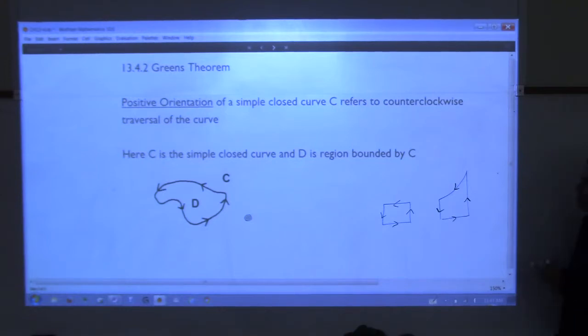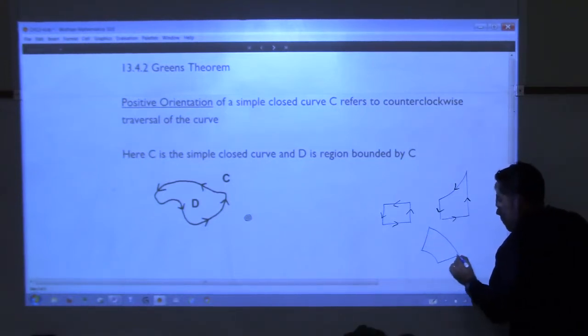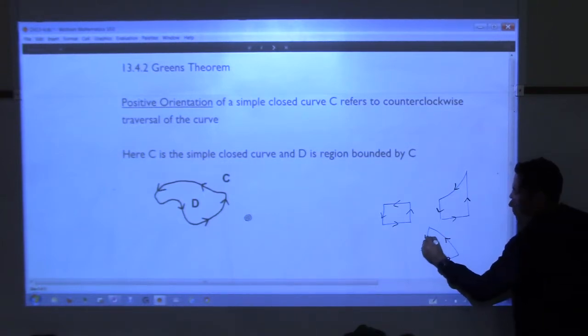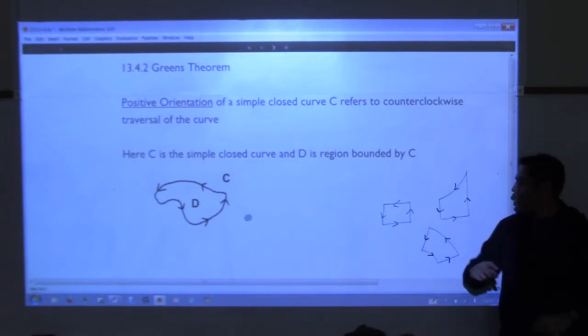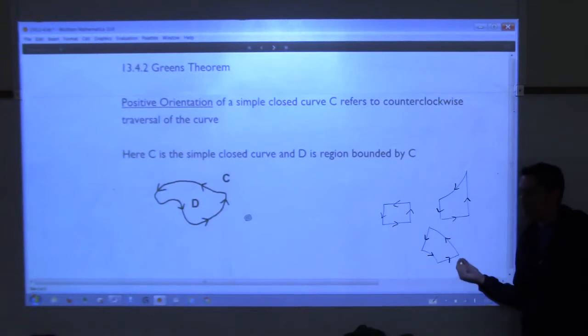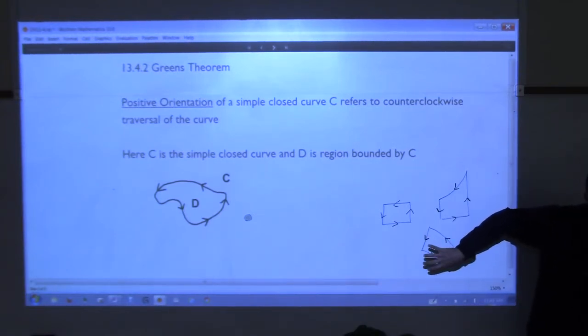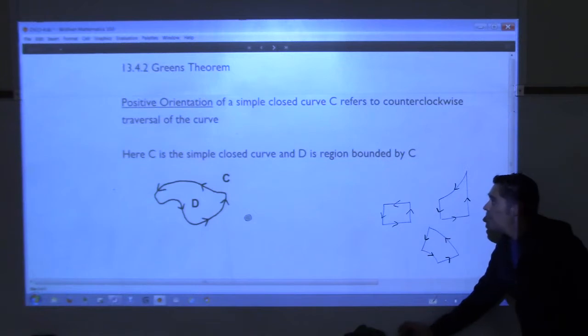Give me a polar region, that's a polar region, there is a curve that goes around it. This theorem somehow connects the line integral going around the region to the double integral over the area. Somehow they're related to each other. And here's what it is.